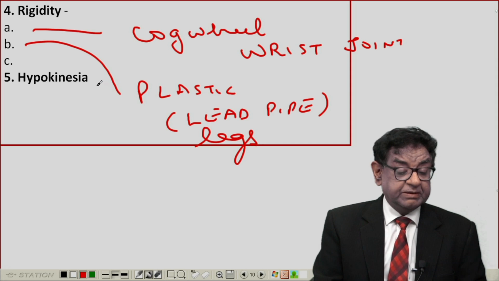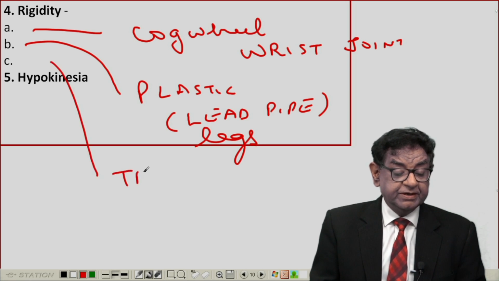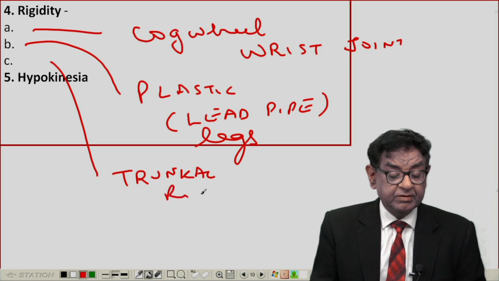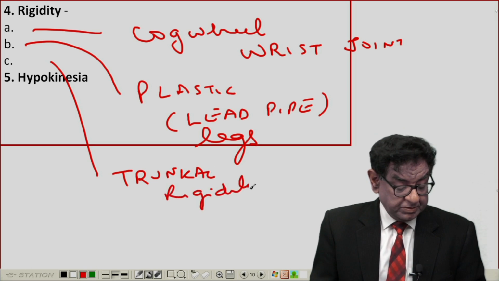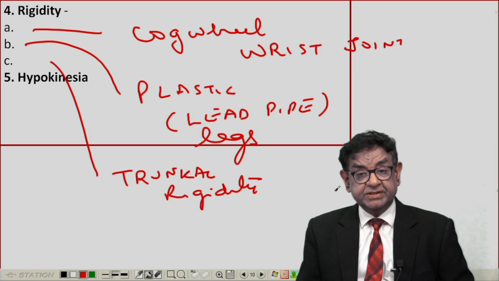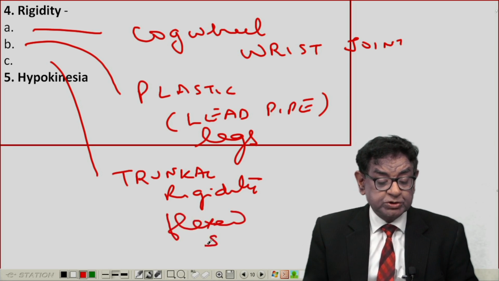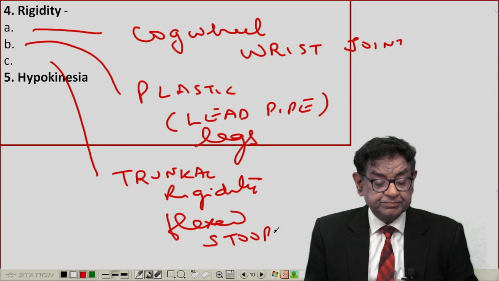And some patients have truncal rigidity, and that's the reason why they have flexed posture, so-called stooped posture.